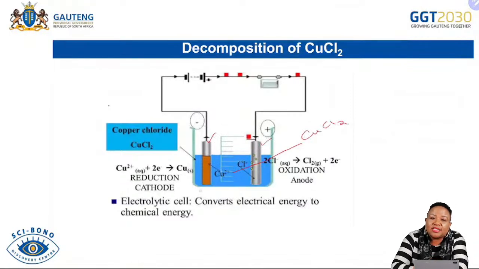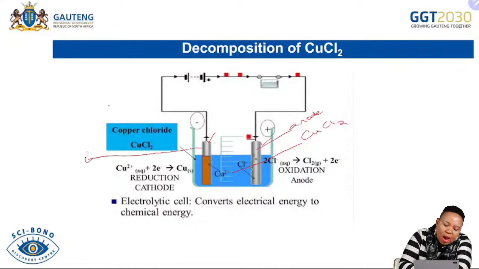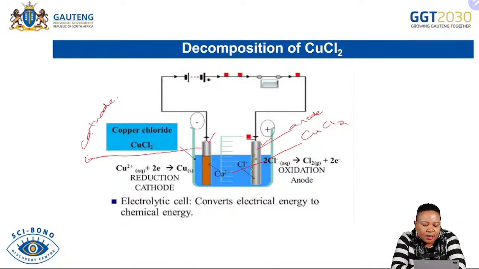As I said, we are using only one electrolyte when dealing with an electrolytic cell. This is our positive electrode. We know that if it is connected to the positive terminal, it's going to be our anode. And this is going to be our cathode because it's connected to the negative terminal.